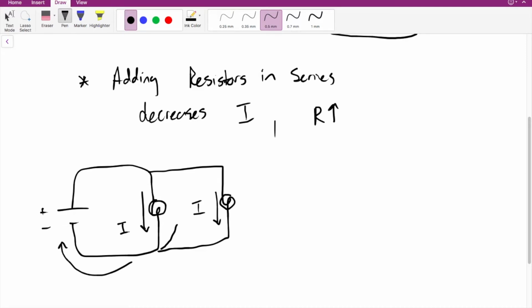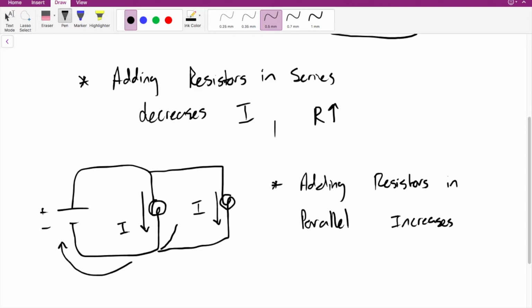So what we can say here is, in general, adding resistors in parallel increases the current through the battery, which means that the total resistance of the circuit must have gone down.